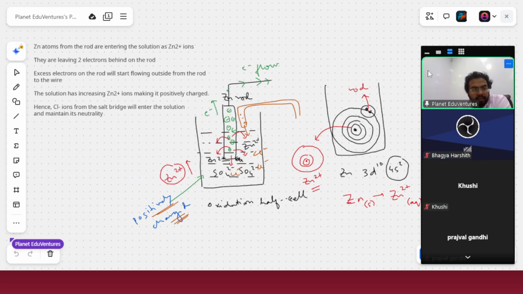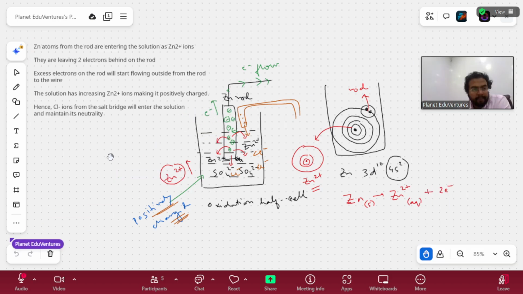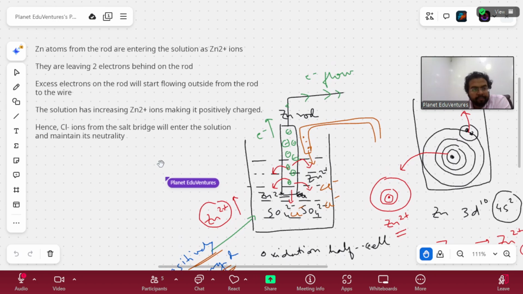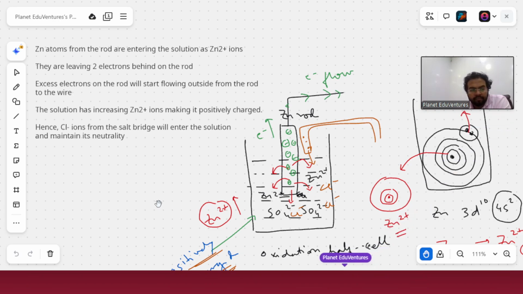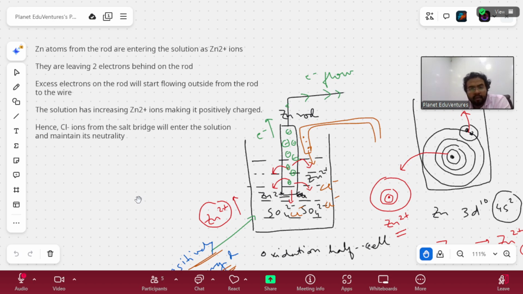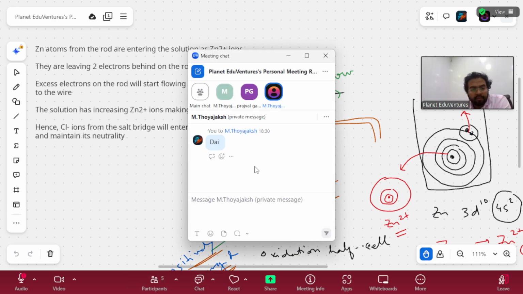I'll see if I can save this. Now tell me if you have understood the working of the left side of the electrochemical cell. Khushi, Prajwal, everyone.